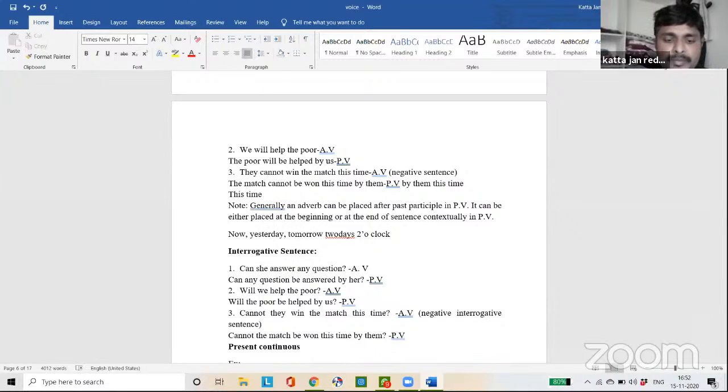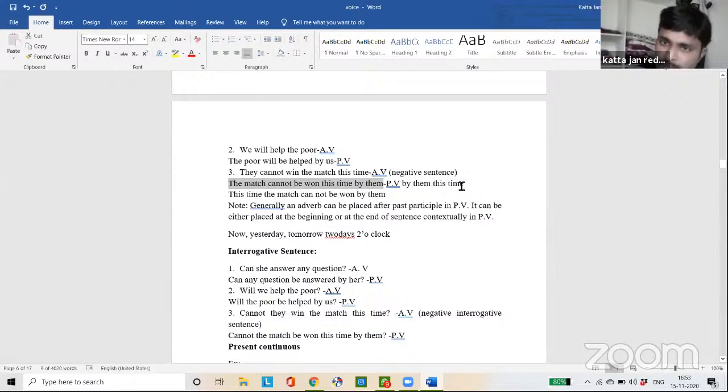This time, the match cannot be won by them. This is also possible. In the examination, they will give you like this, or like this.